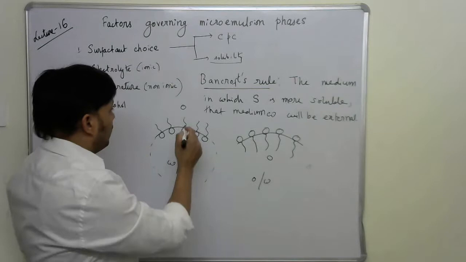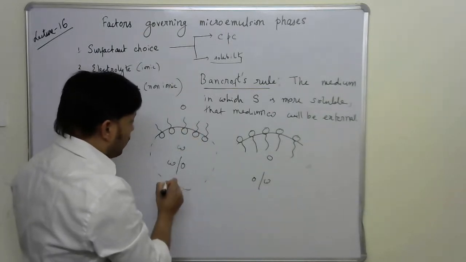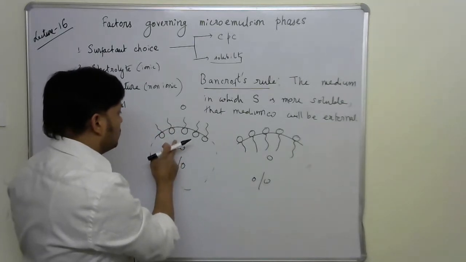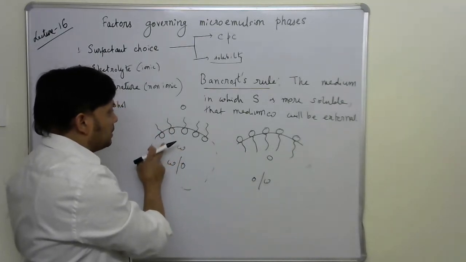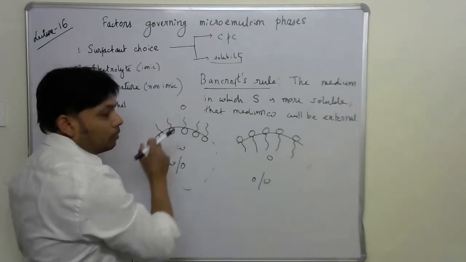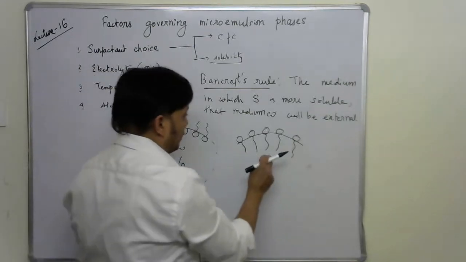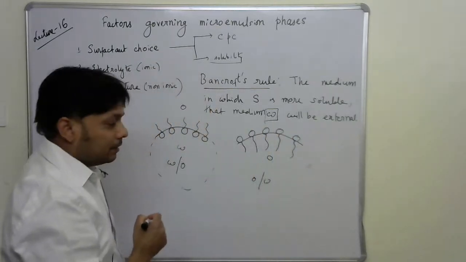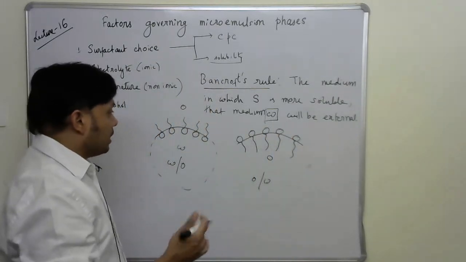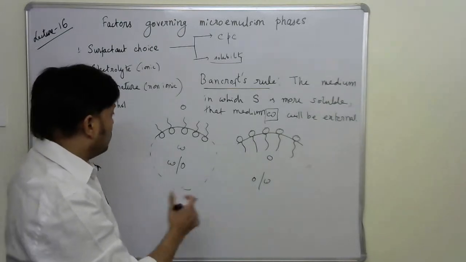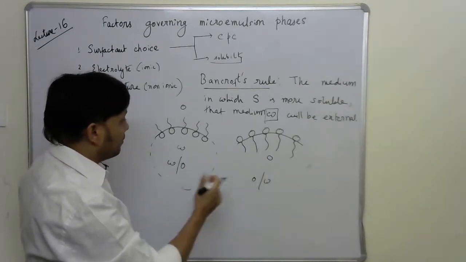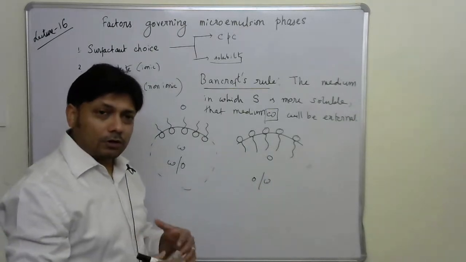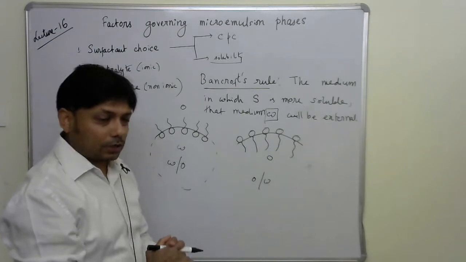Here, when the water in oil emulsion is formed, we have to assume that the surfactant is more soluble in oil, and here the surfactant is more soluble in the water phase. Now you may ask why it is like that. The answer lies in the free energy, or surface tension, or interfacial tension.